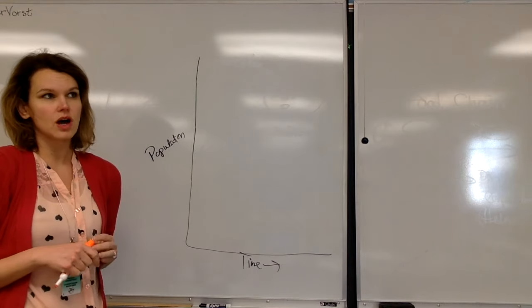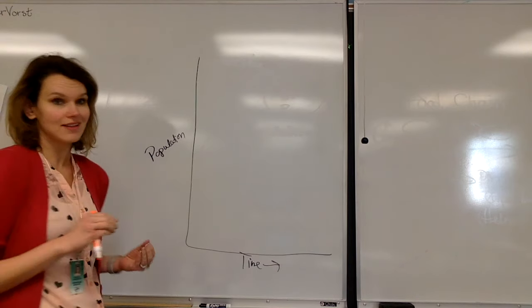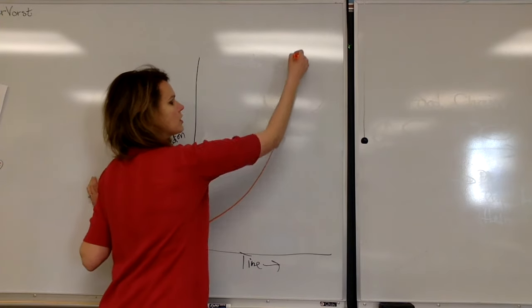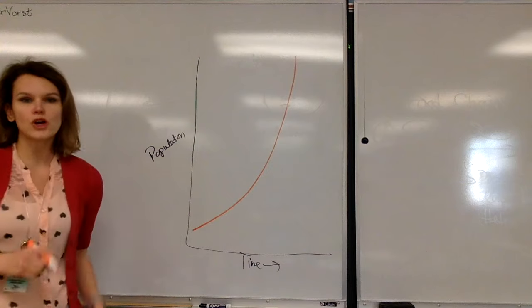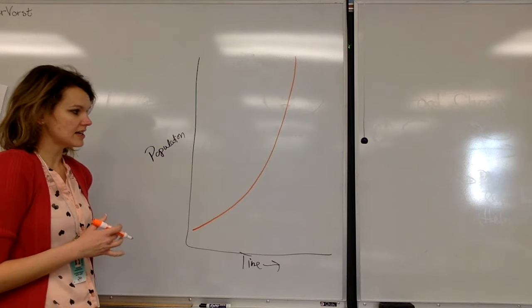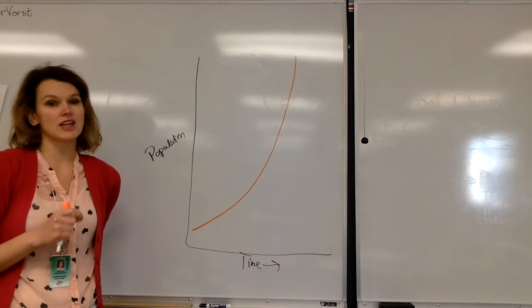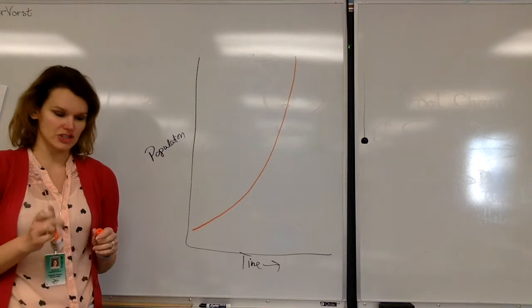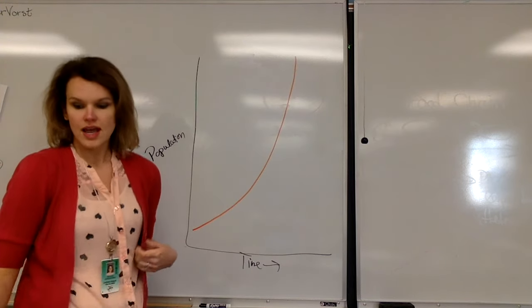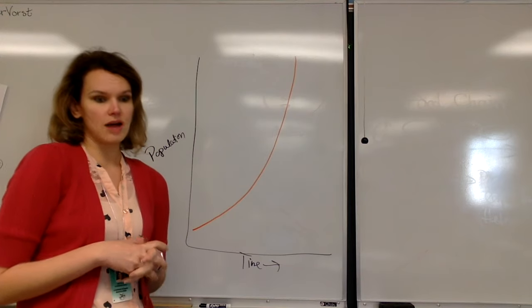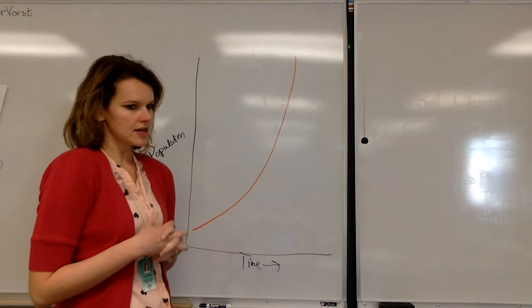You have lots of natality, no fatality. What's going to happen is you're going to have something called exponential growth. This is an exponential growth curve. Humans, if we remember the graph we looked at in class, have almost exponential growth because we have had a lot of technologies that have allowed us to live a lot longer, and we are growing really, really rapidly. So that could be a problem that we'll talk about in a little while.